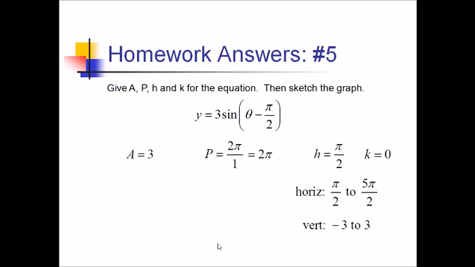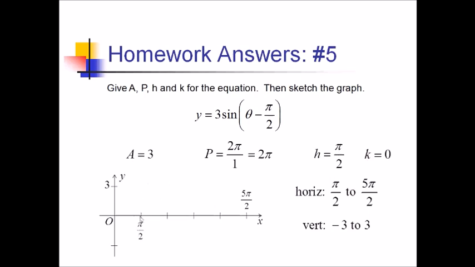Let me draw my x and y axis so I can fit all that. So I've got, we're going from pi over 2 to 5 pi over 2. And then from -3 to +3. So I'll just put a 3 up here. Now sine starts at the middle of the wave going up. So leftmost point is at this pi over 2 x value, because that's my h value.